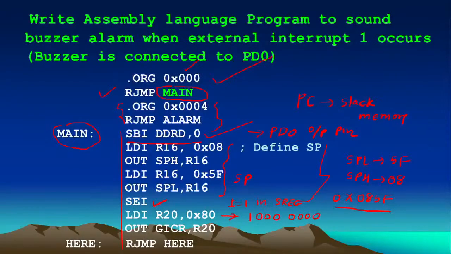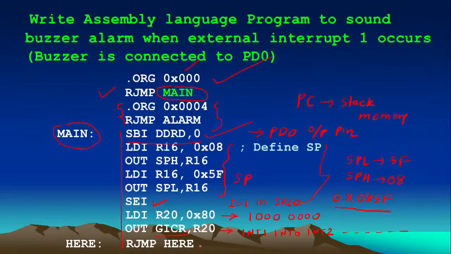You have to transfer it to GICR, which is a special function register for external interrupts. If you remember, GICR has bits for interrupt 1, interrupt 0, interrupt 2, and some more bits. But we want to enable interrupt 1, so we have written 1 at that particular bit position. After doing this, our external interrupt 1 will be enabled.